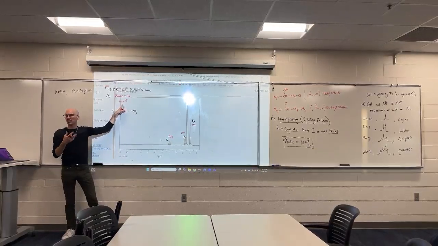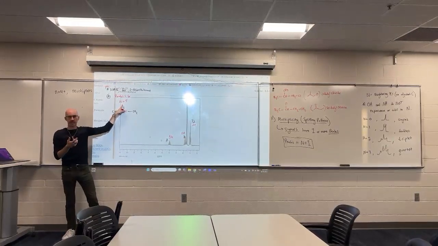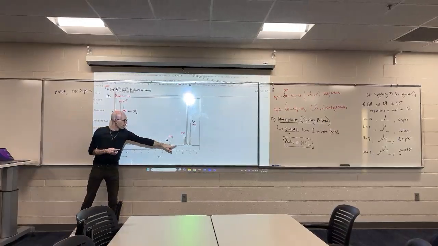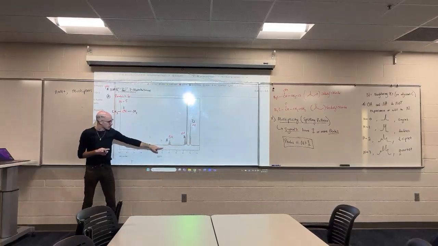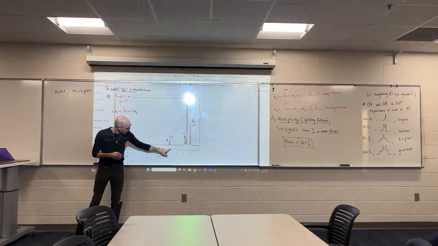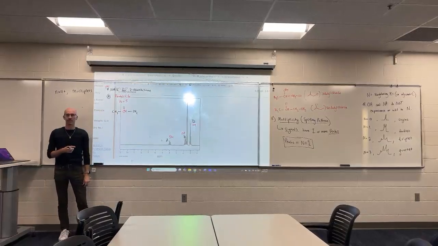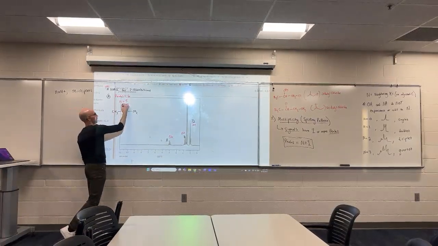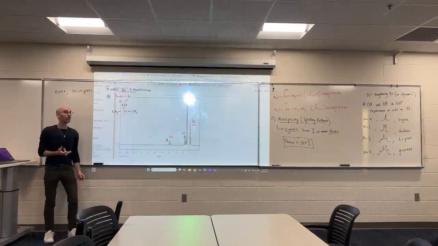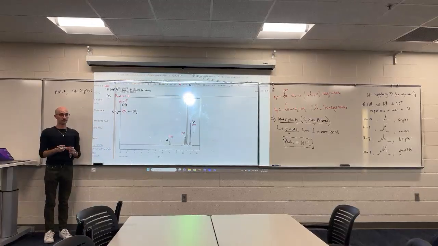If it was CH or CH2, can't be that either. We know that this signal needs to be shifted all the way down to 3.9. What is going to shift that down to 3.9? Some functional group. For right now, that's all we know.